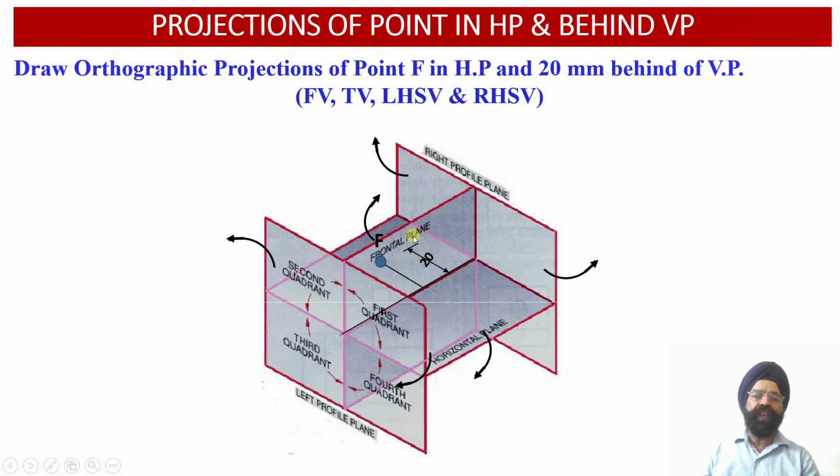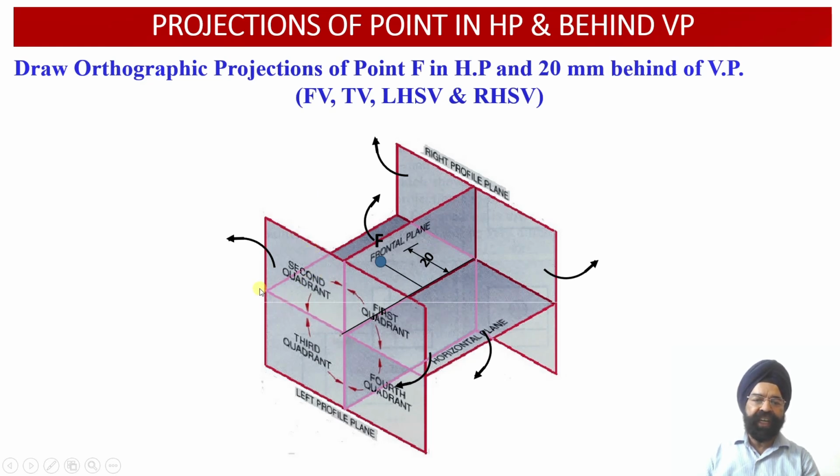So we need to carry out the rotations of the horizontal plane, left profile plane and the right profile plane, so that all of these orthographic projections can be obtained into a single plane of projection.